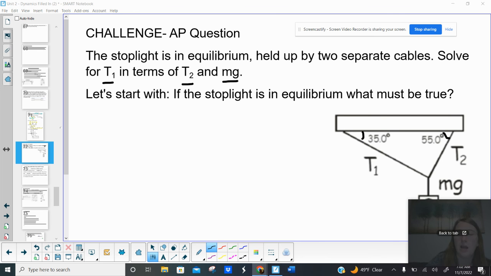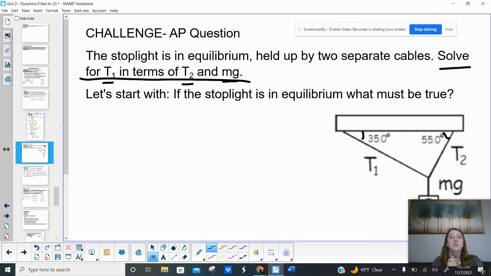So once again, I want you guys to remember that when you have a question like this, it says solve for T1 in terms of T2 and mg. Think for a second what your answer should look like. I should have something equal something. If it says solve for T1, that means I need to have T1 equals. And that also means the only variables I can use are these guys.